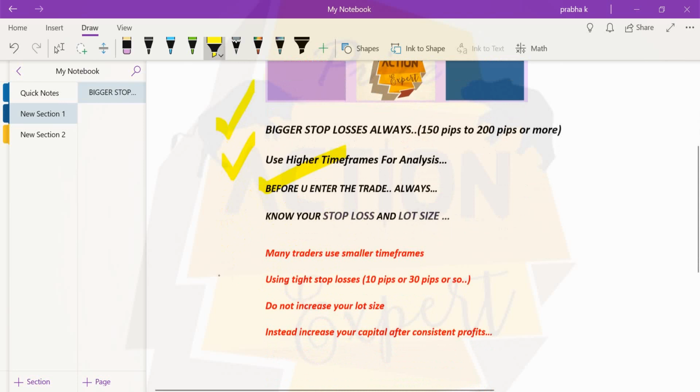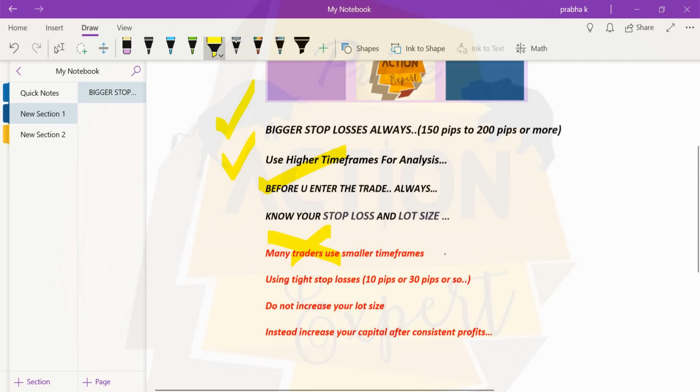And see, many traders use smaller time frames. Don't do that. Actually, it is not recommended at all. If you're an expert, with knowledge and experience of 5 to 6 years, you can trade smaller time frames. Even in smaller time frames, they enter based on the trend of bigger time frames only.